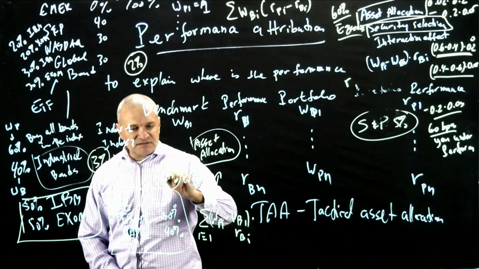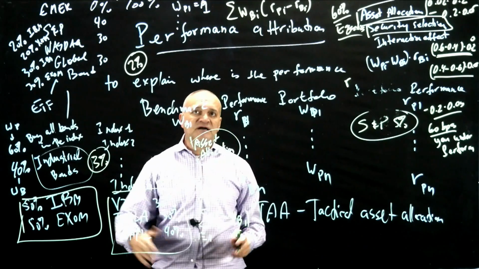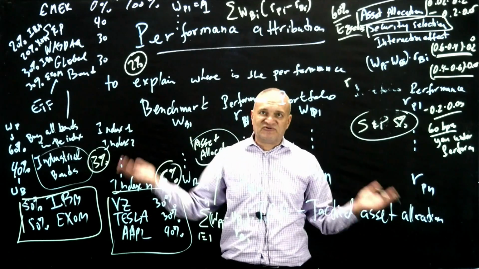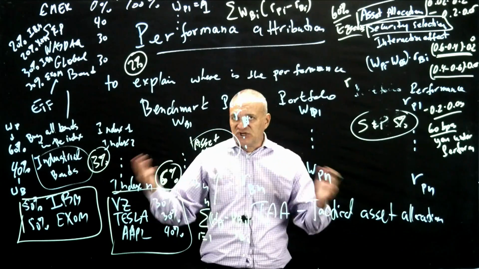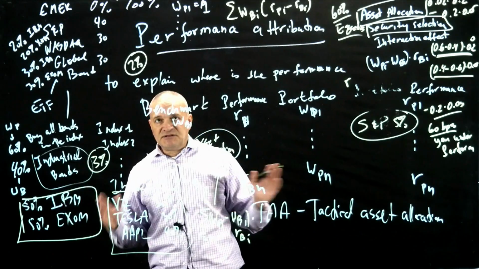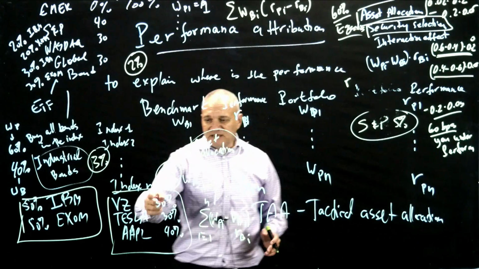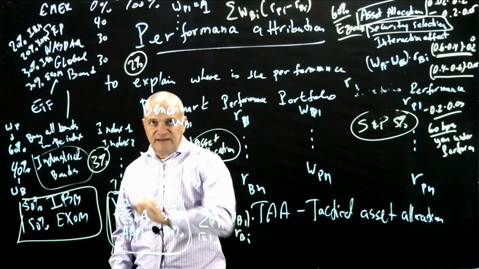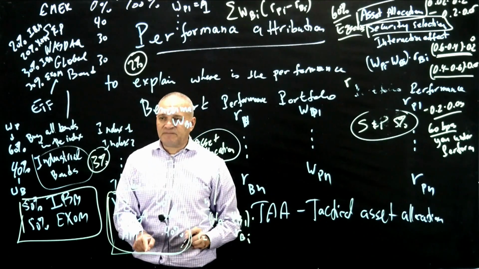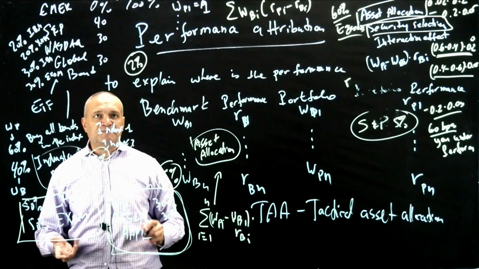Because you had Tesla, and bonds for Tesla rallied, because Tesla is outperforming the market. So you have 6% for this entire bucket versus 3% for the industrial bucket in the benchmark.